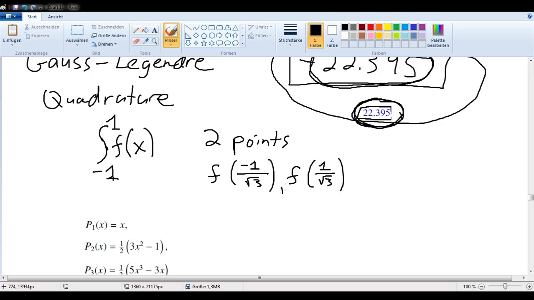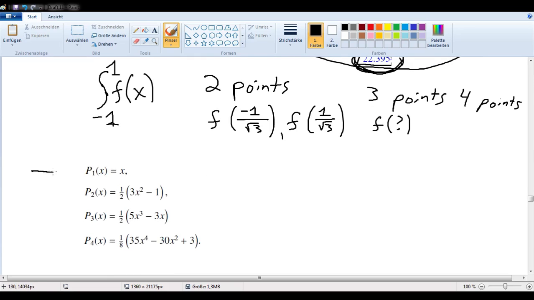Right? Now you might ask yourself, well, what if we had 3 points? What f values do we need then? Or what if we had 4 points? And it turns out that there is a sequence of polynomials that give us the answers.